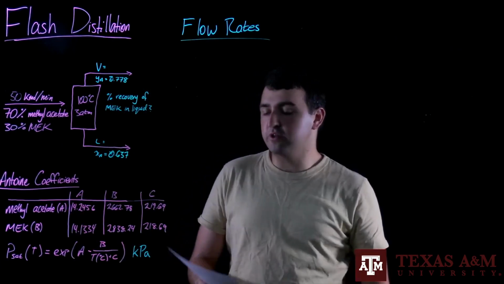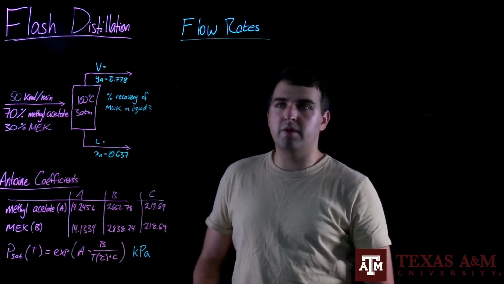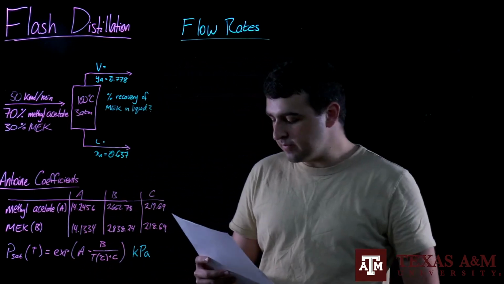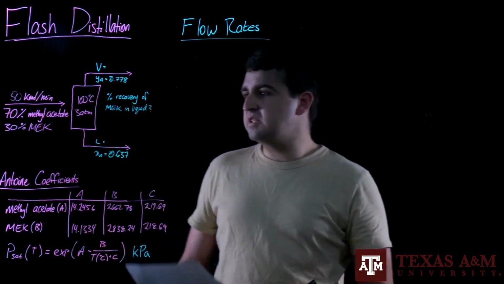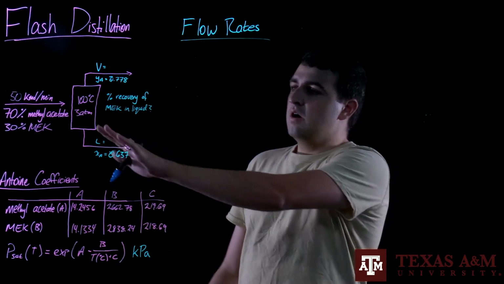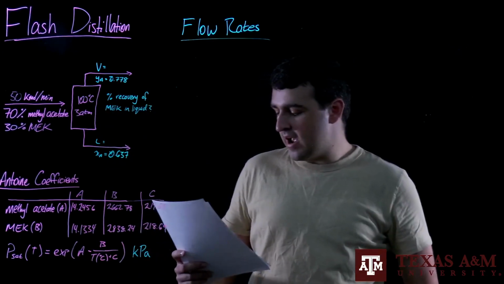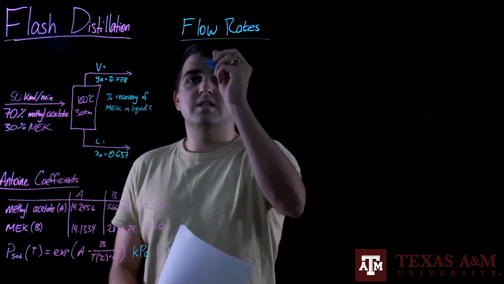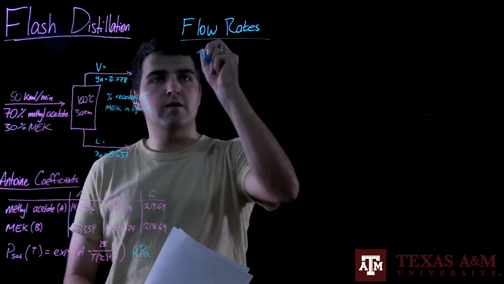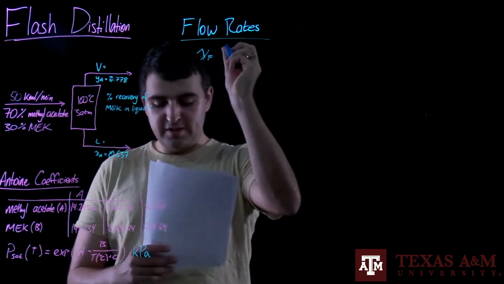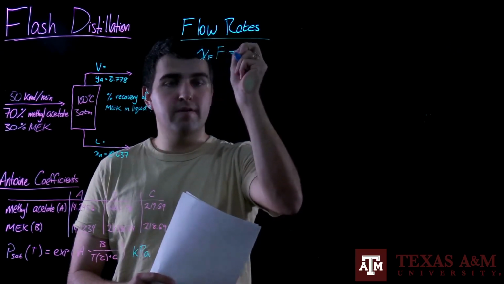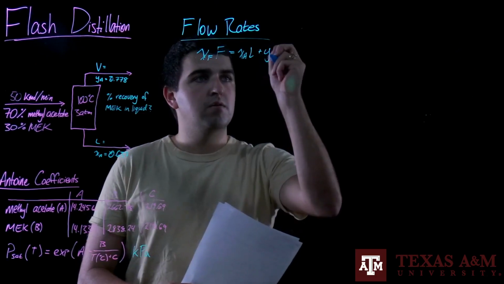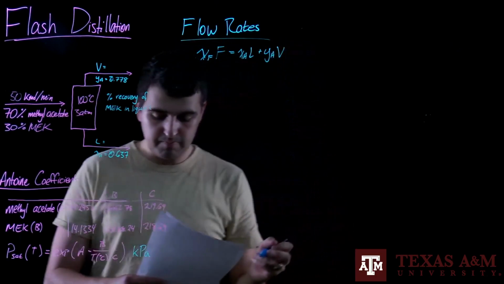Next, we want to turn to looking at our flow rates. For this, we're just going to do simple mass balances across our tower. So we can write our mass balance for our A species and our total mass balance and solve those together. For our A species, we have XFF is equal to XAL plus YAV.